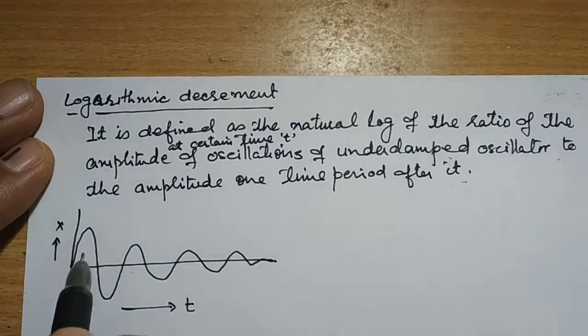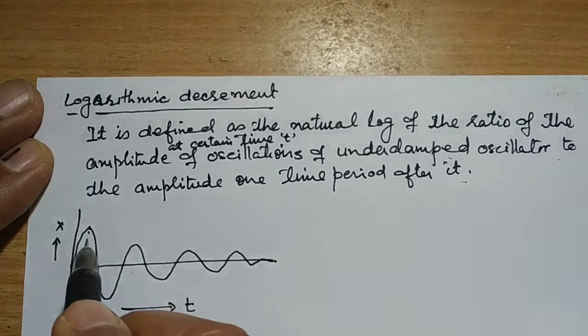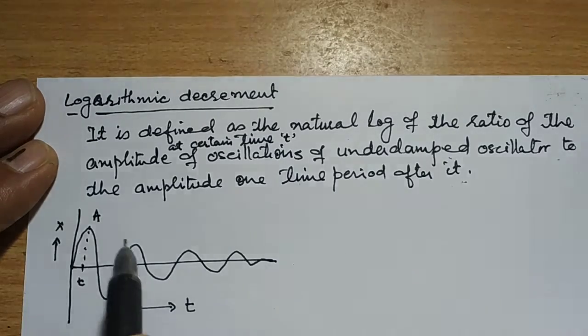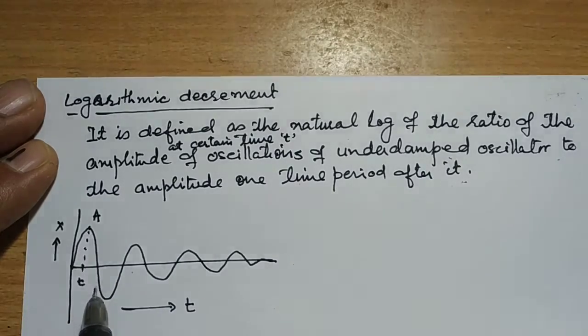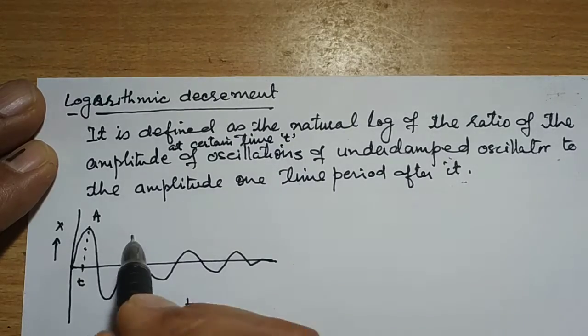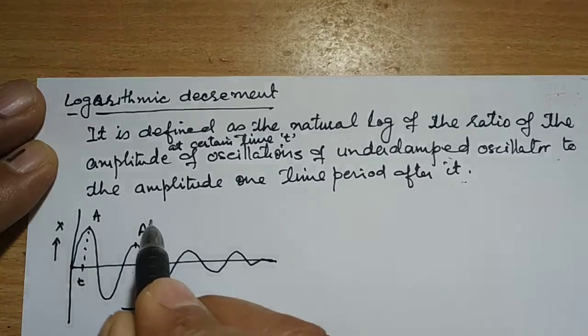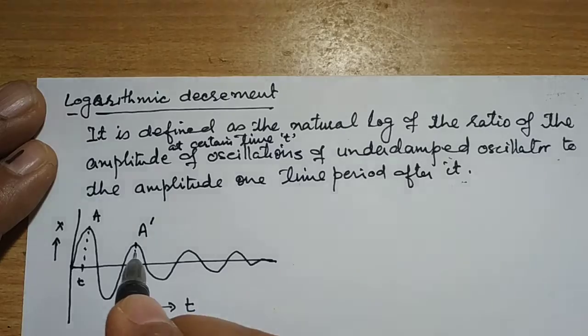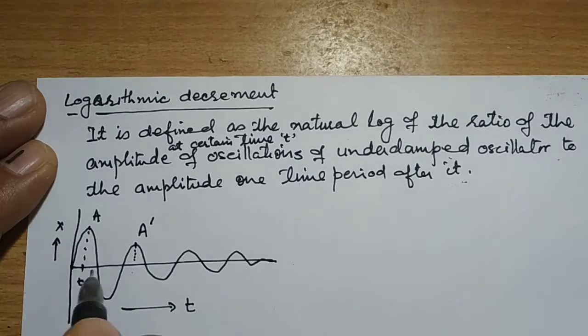Now let us assume at a certain time t, a is the amplitude, and after one time period, that means from here the time period completes here, its amplitude is a prime. That means this time will be taken as t plus capital T.